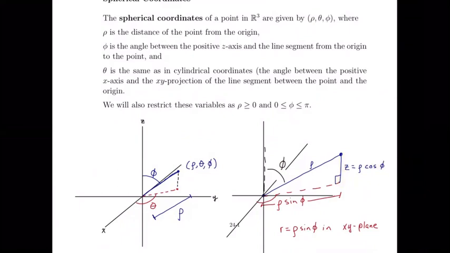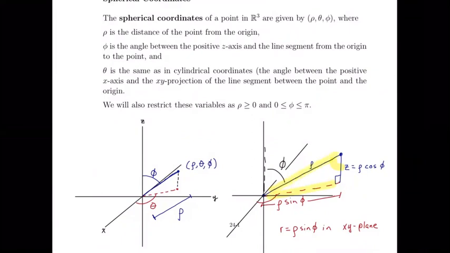Okay, going a little further, we look down at this right triangle and the leg on the base that's in the xy plane. What's in red is in the xy plane. We know that phi is this angle here, so sine of phi is equal to the opposite leg divided by rho.